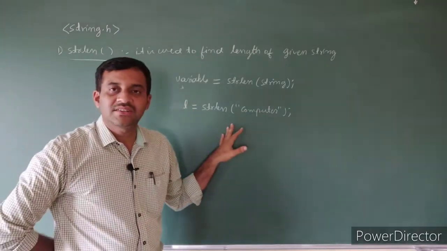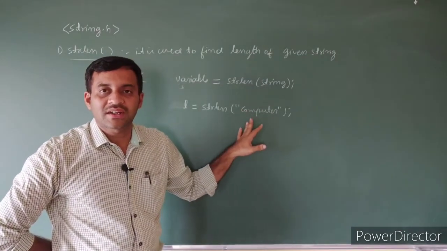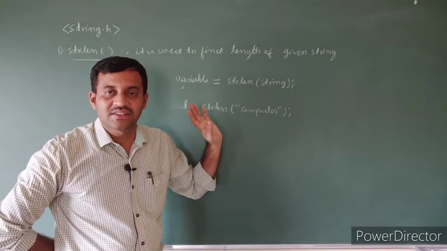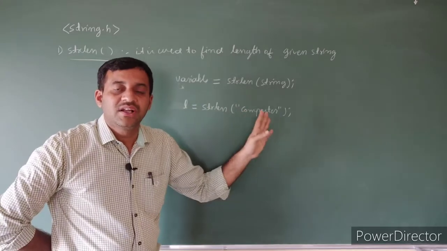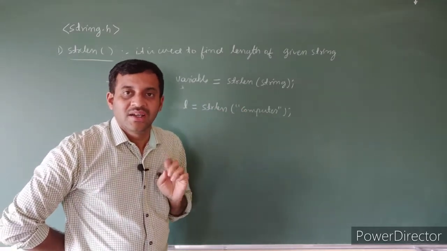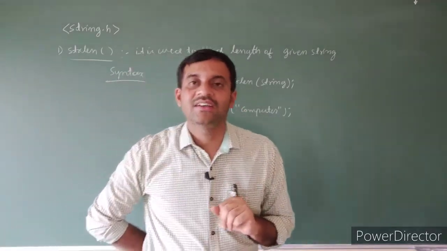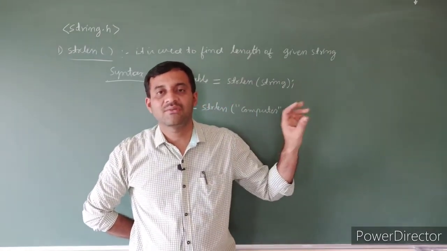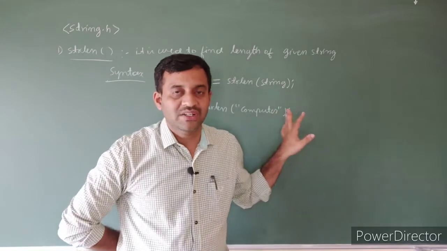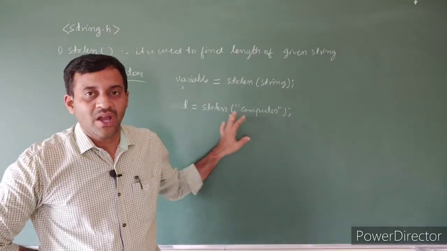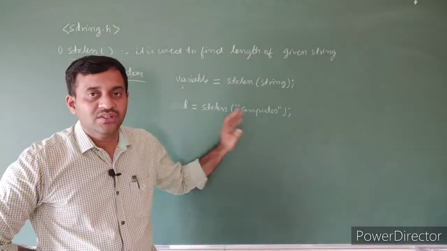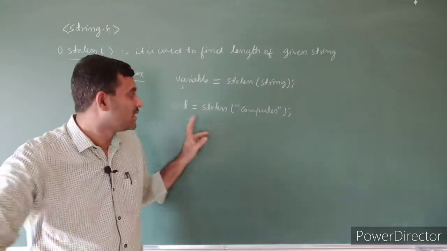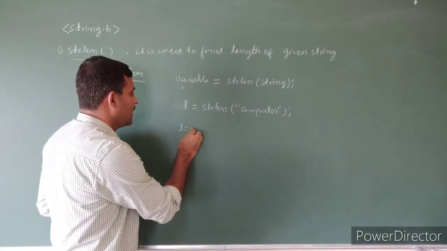This function returns only the characters except the null character. But in a character array, the string is always ended with a null character. The last character is always a null character. But the function returns a count without the null character. Hence, the value of L is 8.